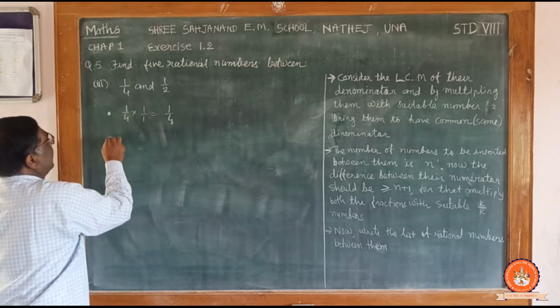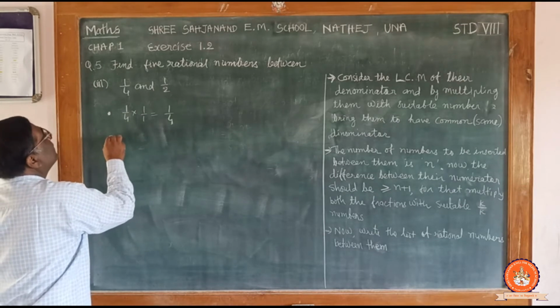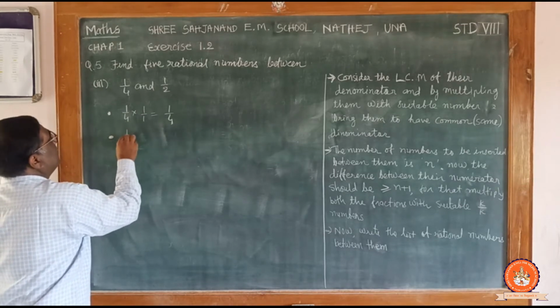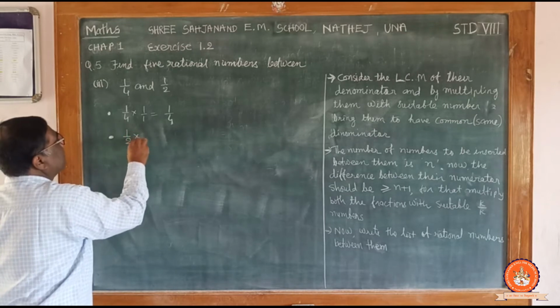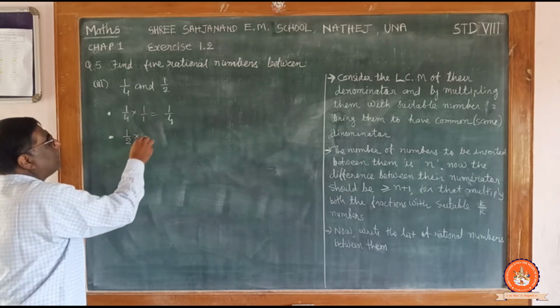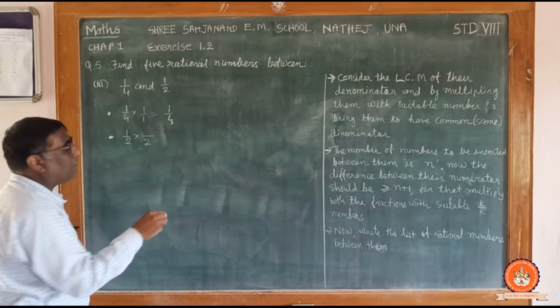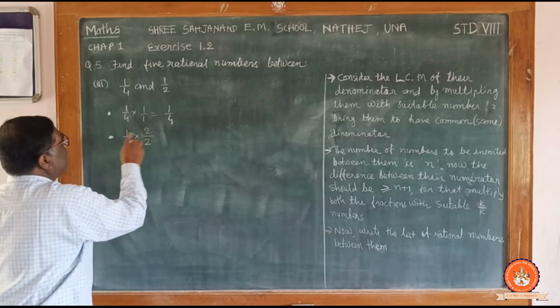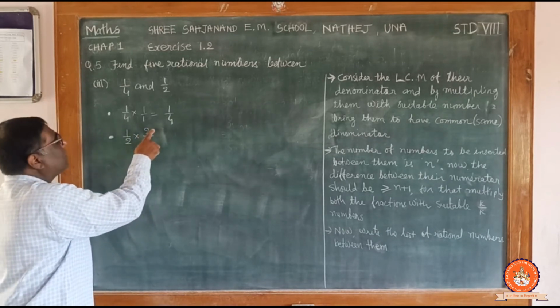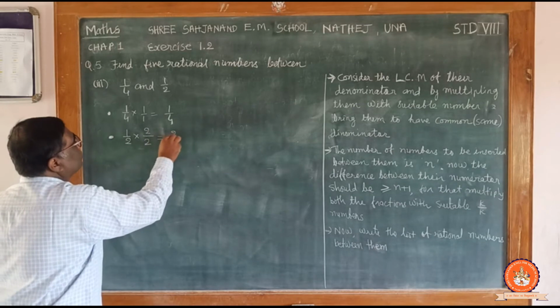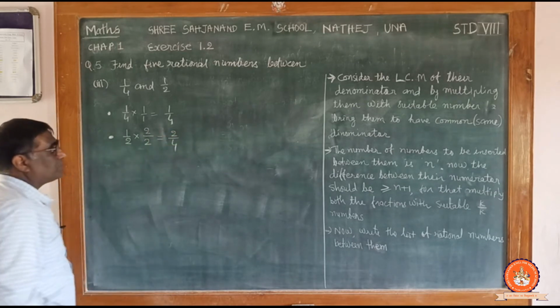Now the second one, 1 by 2: 2 will be multiplied by 2 to get 4 as a denominator. So 1 by 2 will be multiplied by 2 upon 2. It will be 2 by 4.